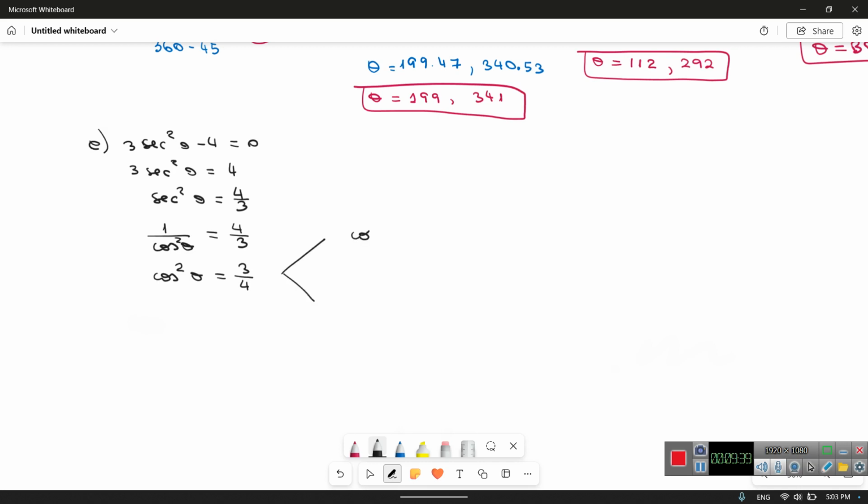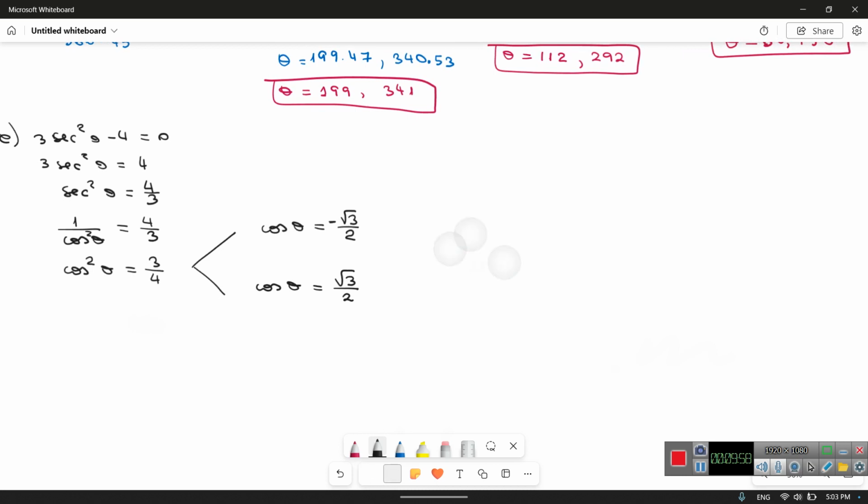When we square root, we get cos theta as minus root 3 over 2, as well as cos theta as root 3 over 2. We do need to solve for both of them.